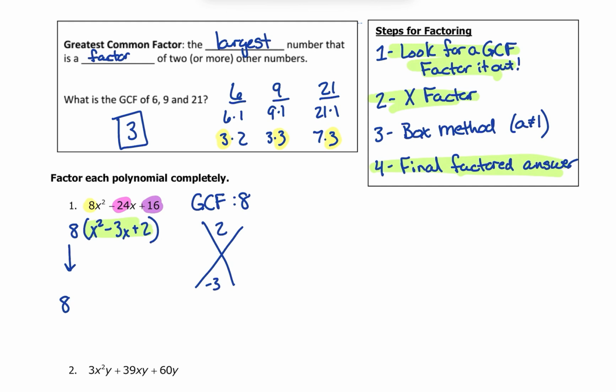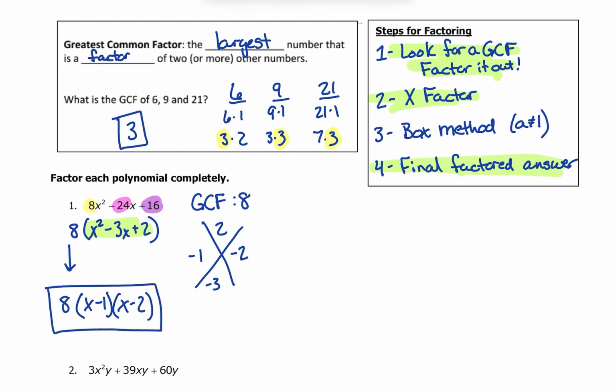Well, since 2 is positive, we know that they both need to be the same sign, and since our b is negative, we know that they both need to be negative. We know that negative 1 times negative 2 will give us positive 2, and negative 1 plus negative 2 will give us negative 3. So those are our two factors. So we have x minus 1 and x minus 2 are our two factors.